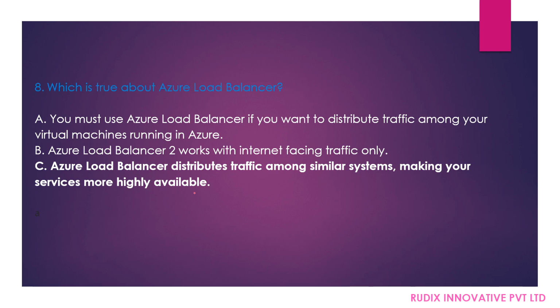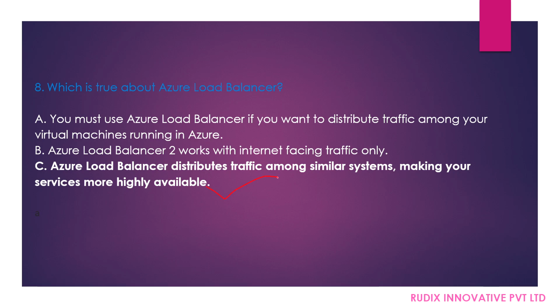The correct answer is: you must use Azure Load Balancer if you want to distribute traffic among virtual machines running in Azure. So here option C is the correct answer. Why?